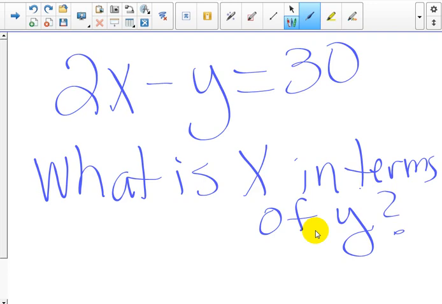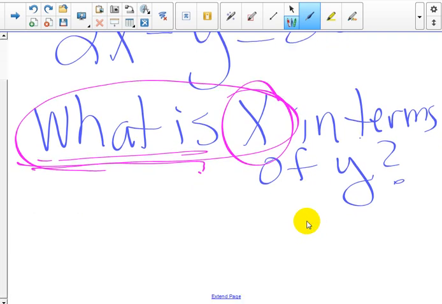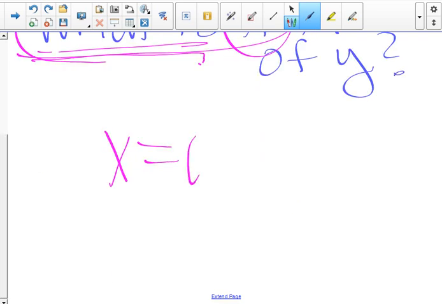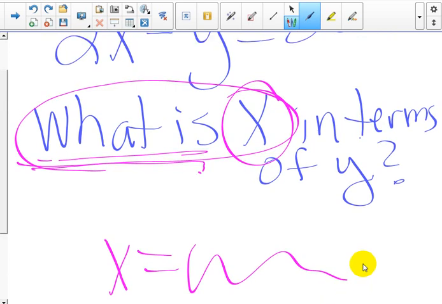So here's the key. When they say what is, look at what follows that, x. So when they say what is x, that means you're going to be saying, oh, well, x equals. That's your goal, is to get this equation into x equals and everything else over there. Okay, so that's your key. When you see what is x, you're looking for an equation that's x equal.